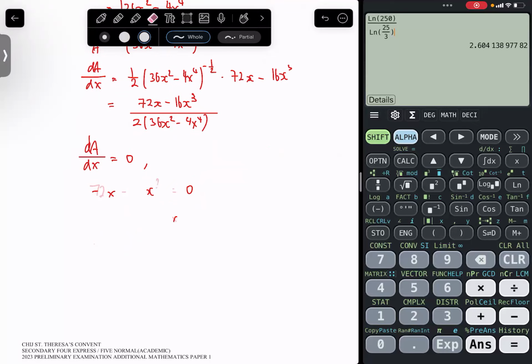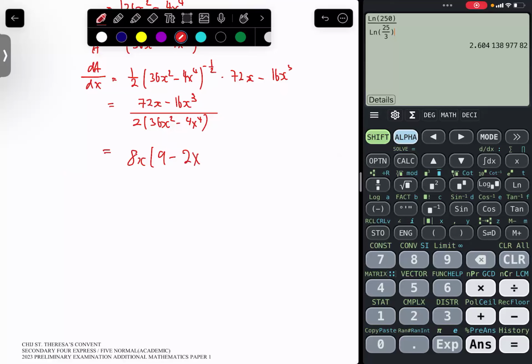Maybe I should simplify down here by factorizing out the x, taking out a common factor as well. 8x, 9 minus 2x squared, over 2 bracket, wait, 8x squared.